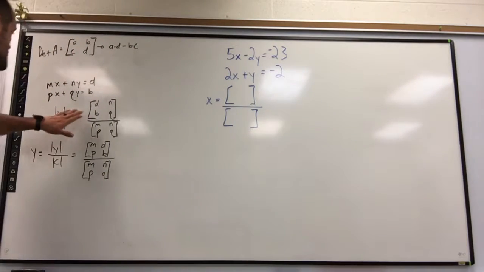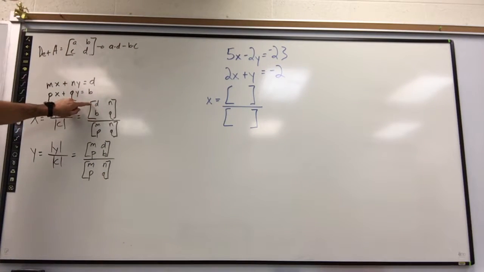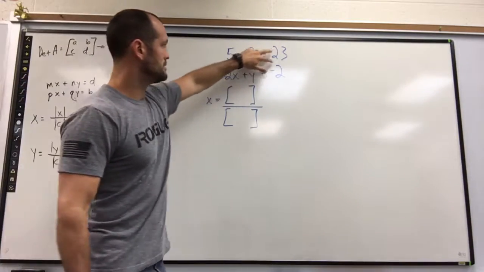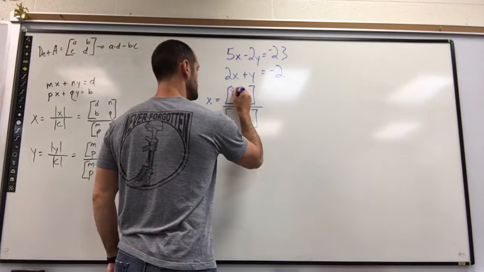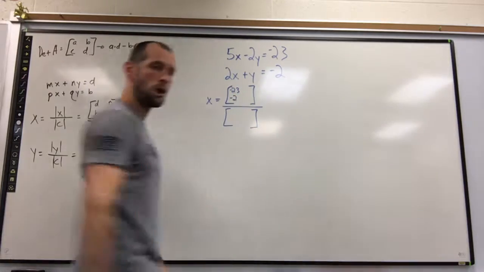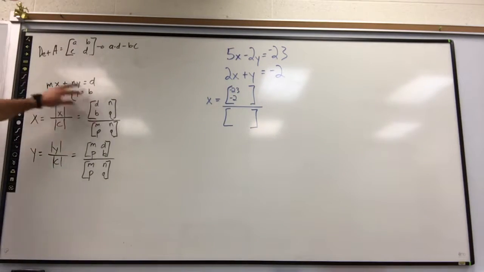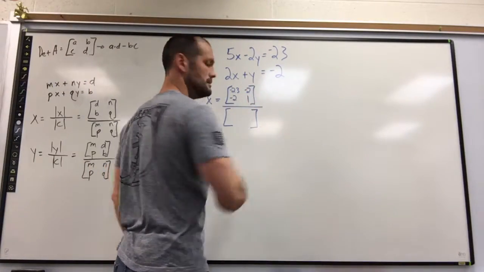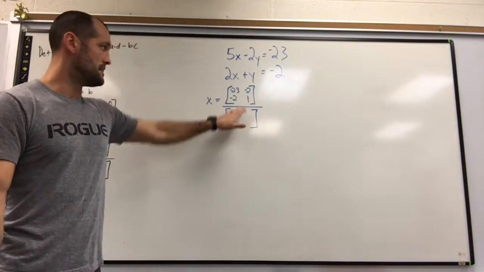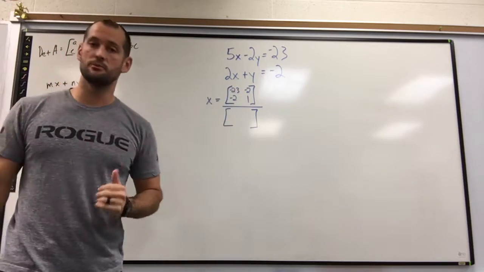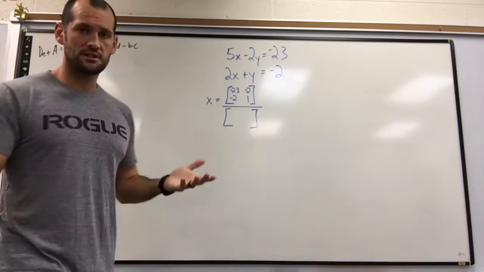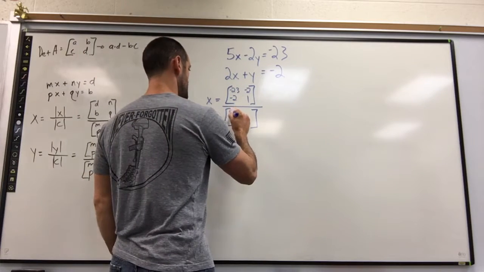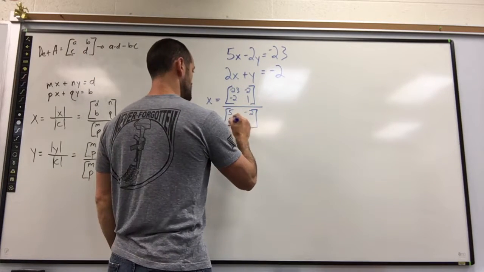Notice in the x matrix, the equals goes first, so I get negative 23 over negative 2. And the y coefficients go second, negative 2, 1. That is the x matrix. We're going to be finding the determinant of it in a second. The coefficient matrix is easy, it literally is just the coefficients: 5, negative 2, 2, 1.